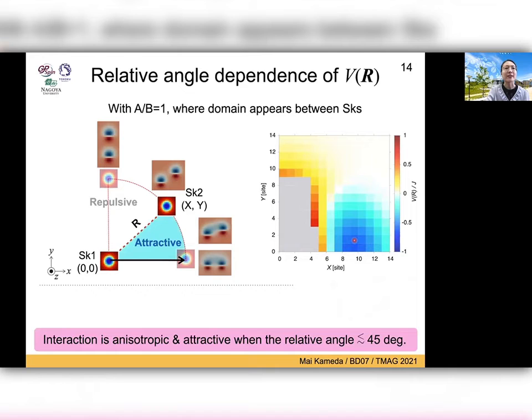We found that the interaction is anisotropic and attractive when the relative angle is roughly smaller than 45 degrees. We note that the angular dependence is almost the same independent of the value of A, although the attraction is larger when the magnetic domain is formed between the two skyrmions.